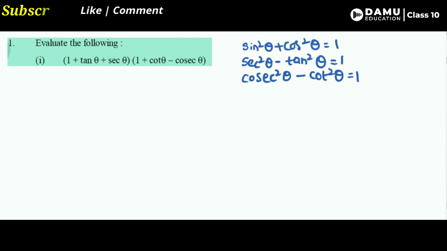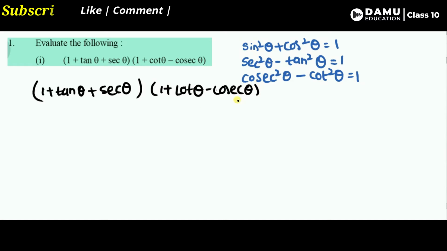So let's take this one. Our first one is (1 + tan θ + sec θ) into (1 + cot θ − cosec θ). Let's take the left side and split it into two groups.